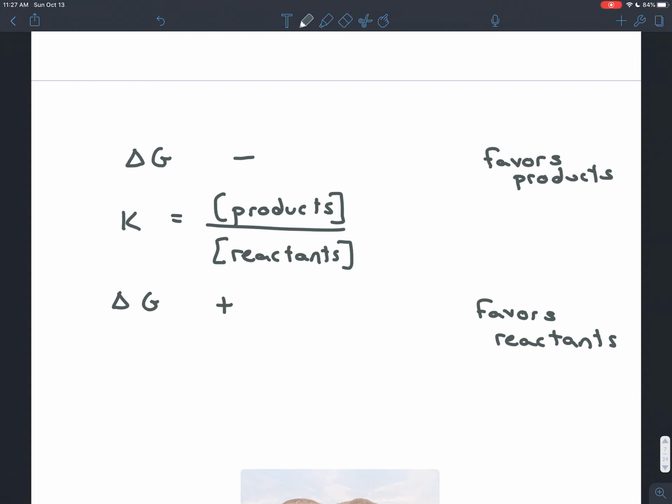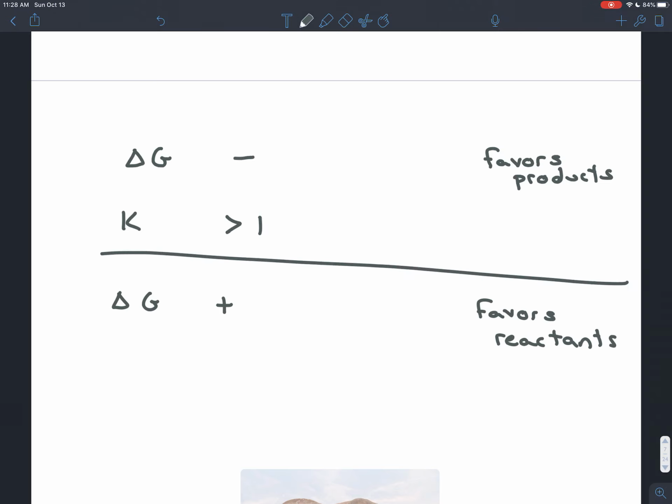But if you have a number bigger than 1, then it favors products, because you have a bigger number on top of the fraction, and you have more products. And if K is smaller than 1, then you have more reactants because the denominator is larger.